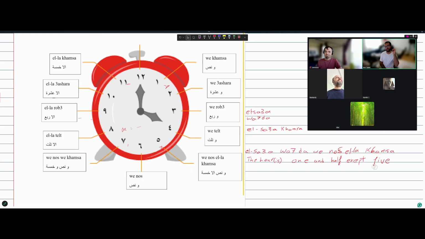Egypt's a bit different, because you have people like me who have never studied math in Arabic, so you just use English. I've always used math in English too, and then German. So I only know plus, minus, multiply, divide. That's my limit.